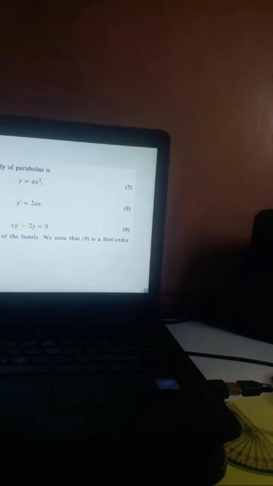So that yung derivative niya is y prime is equal to 2ax. It follows that, so i-eliminate natin yung a. It follows that. So ito, 7 and 8, multiply lang natin ito ng 2. Or we are going to multiply this by negative 2.